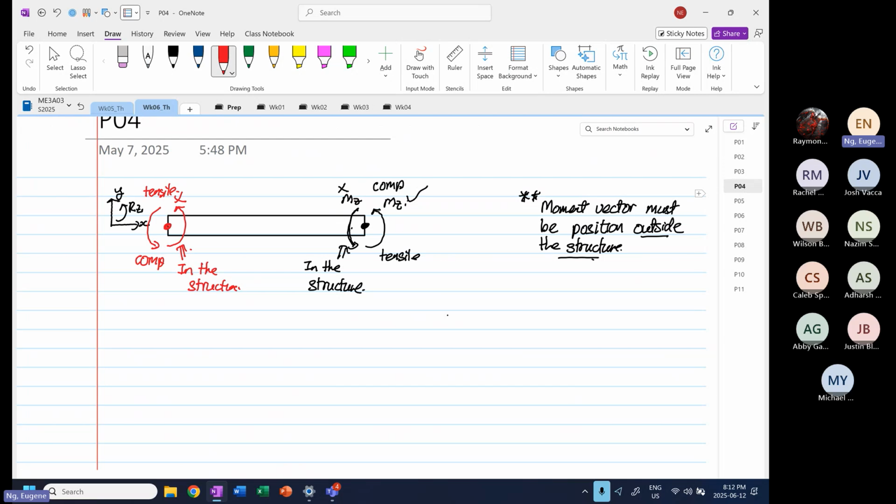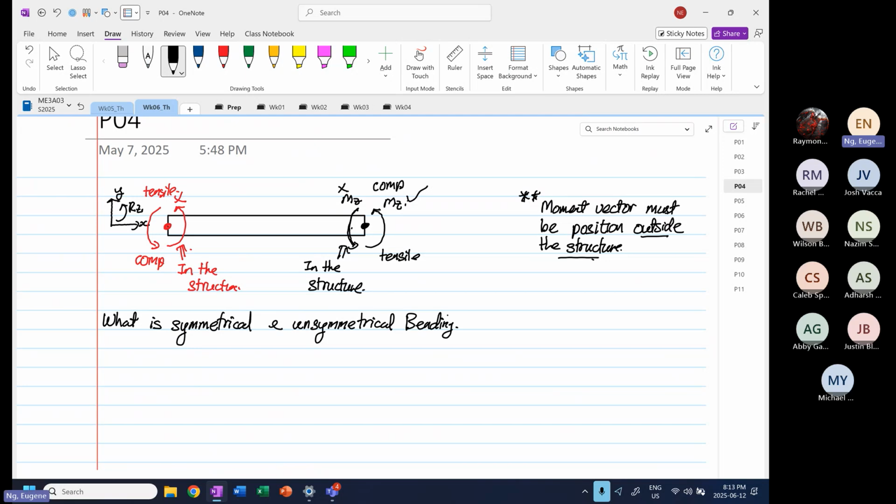So the next thing that we're going to focus on is what is symmetrical and unsymmetrical bending.